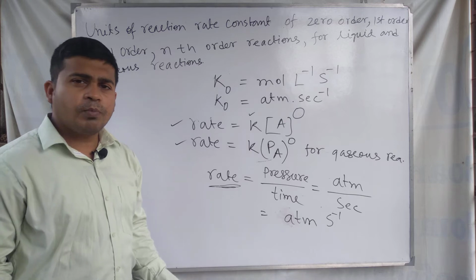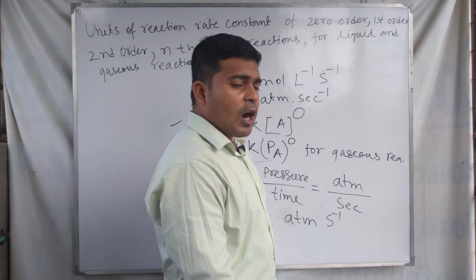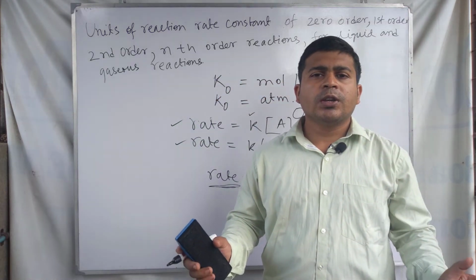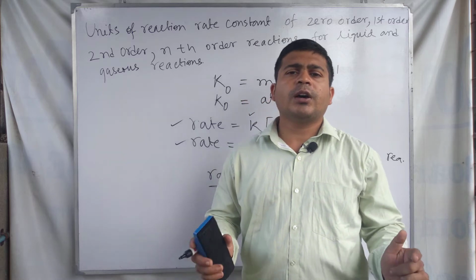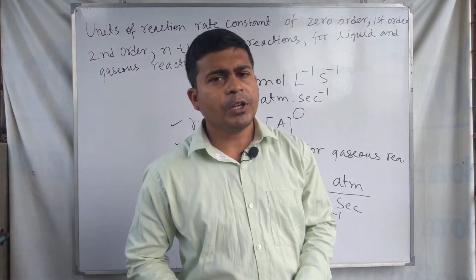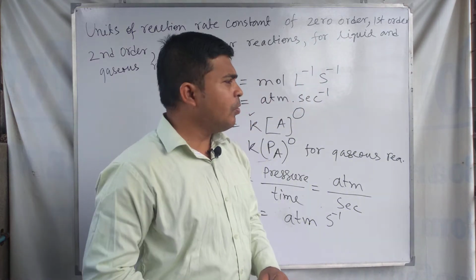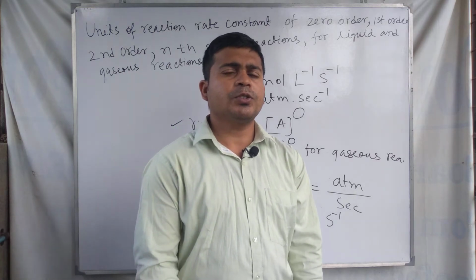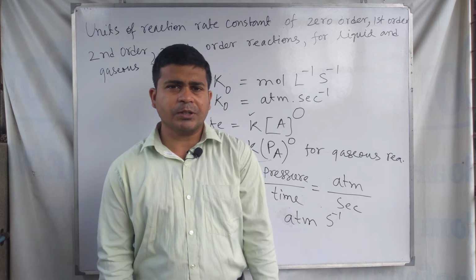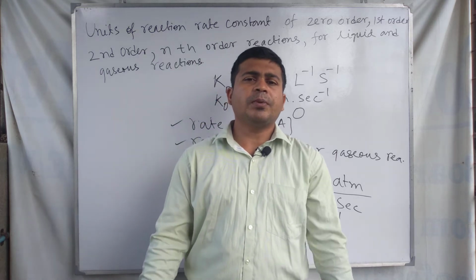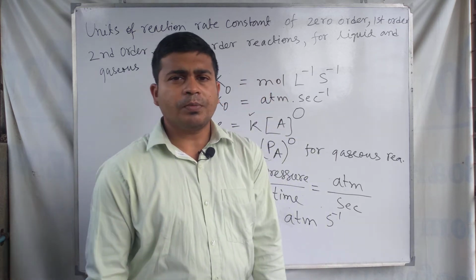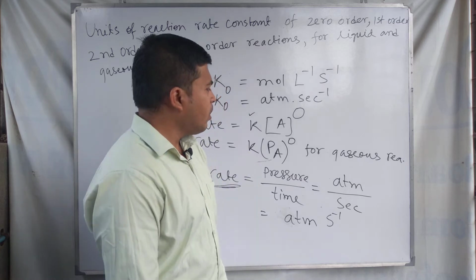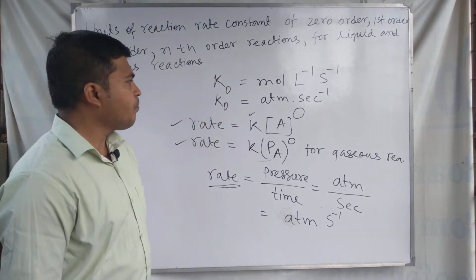So the point is clear how to find the units of the zero order rate constant. Whatever the type of reaction, gaseous or liquid, you can easily find the unit of the rate constant by applying this process.